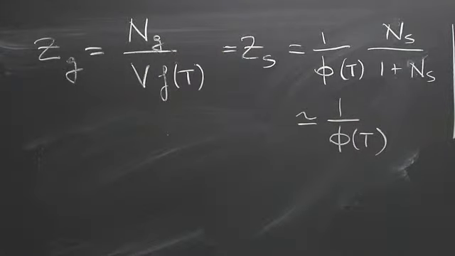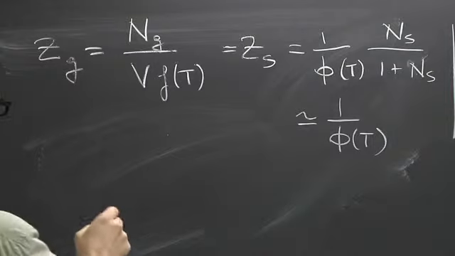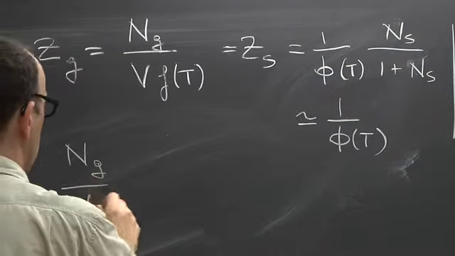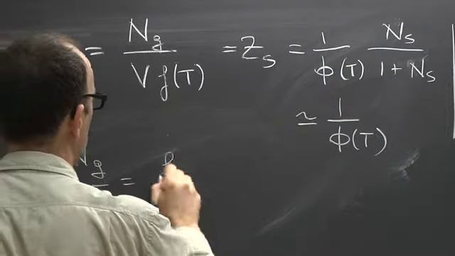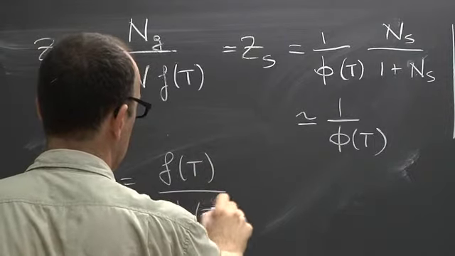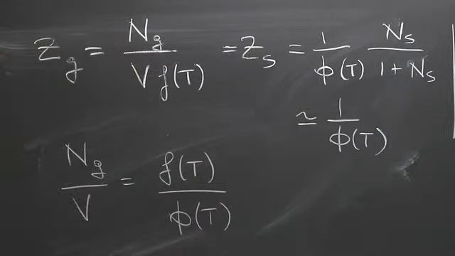So the condition is that the density of the gas is equal to f of T divided by phi of T. Okay?